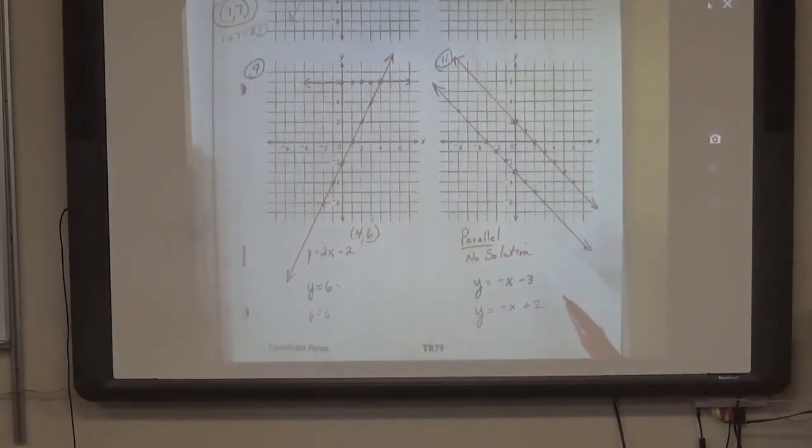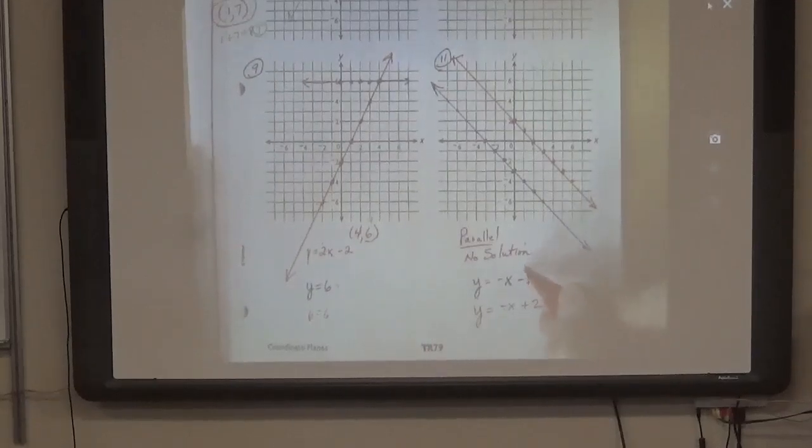It's the number without the x. Which number is not next to the x? -3. The y-intercept is -3. So you go down 3 and mark that on the y-axis, right?